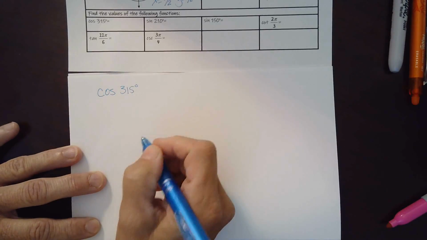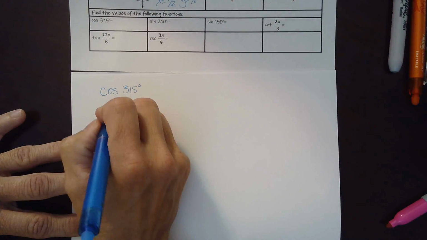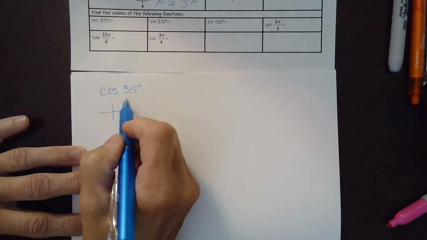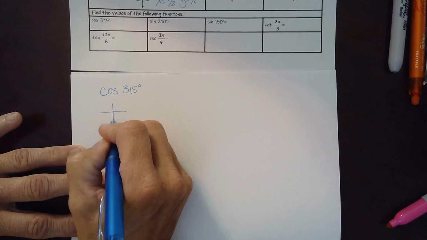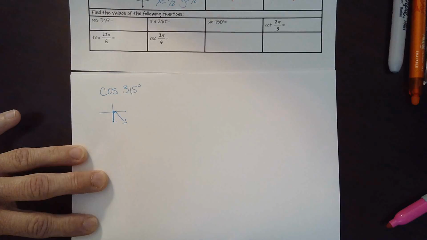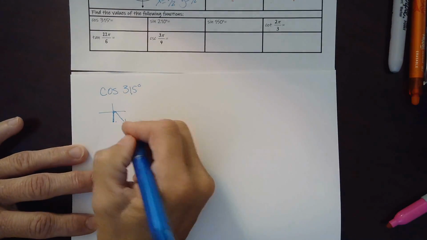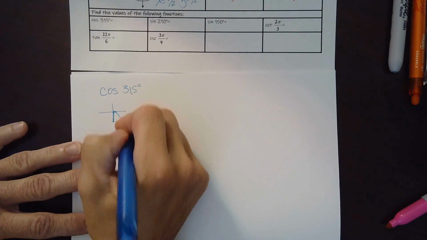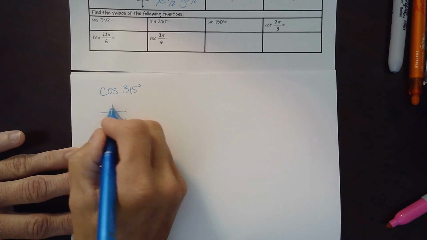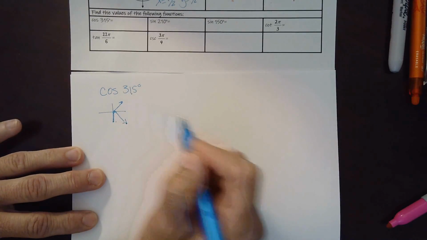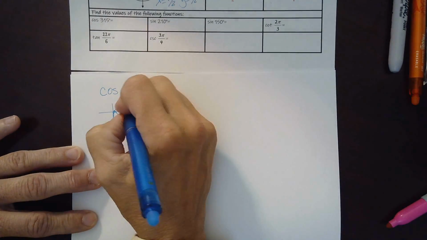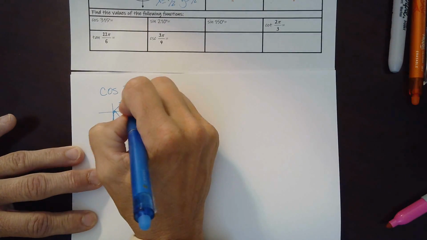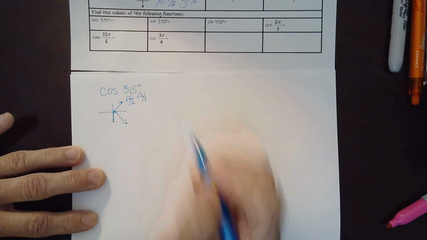315 degrees. What I tend to do is I will think, okay, where is 315 degrees? Well, this is 270. The next one would be 300. So 315 is that middle angle in quadrant 4. Well, the middle angle of all quadrants is the pi over 4 or 45 degree angle. And the ordered pair for those is the square root of 2 over 2, square root of 2 over 2.